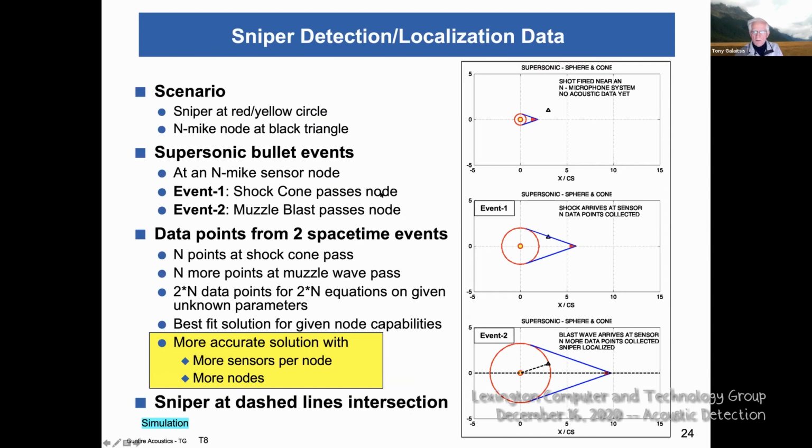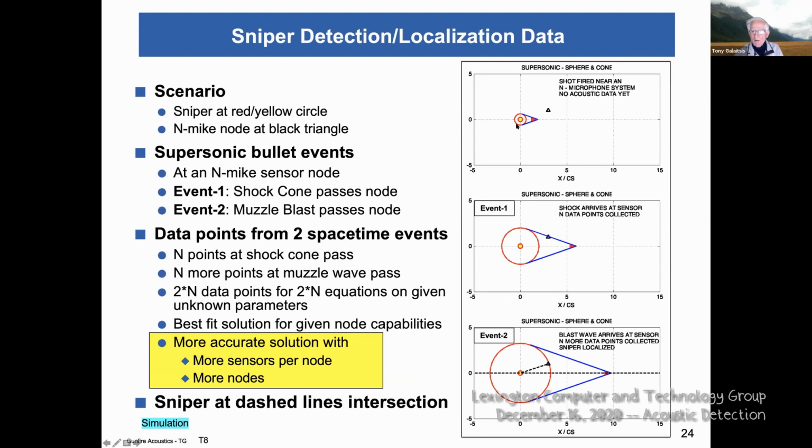So now this might answer the question a little better, Steve, although all I said was yes. Here, essentially, I chose a scenario where we have a supersonic bullet again. The sniper is at this 0,0 point, the yellow spot.